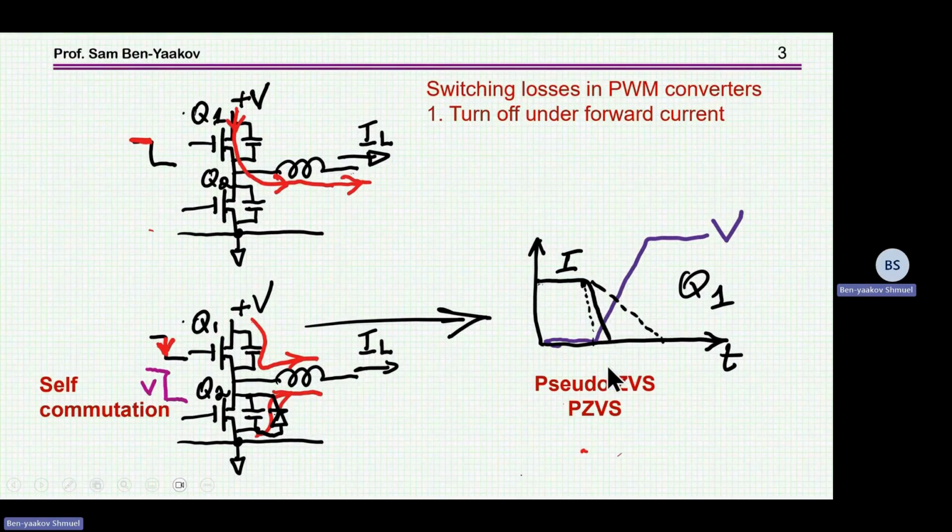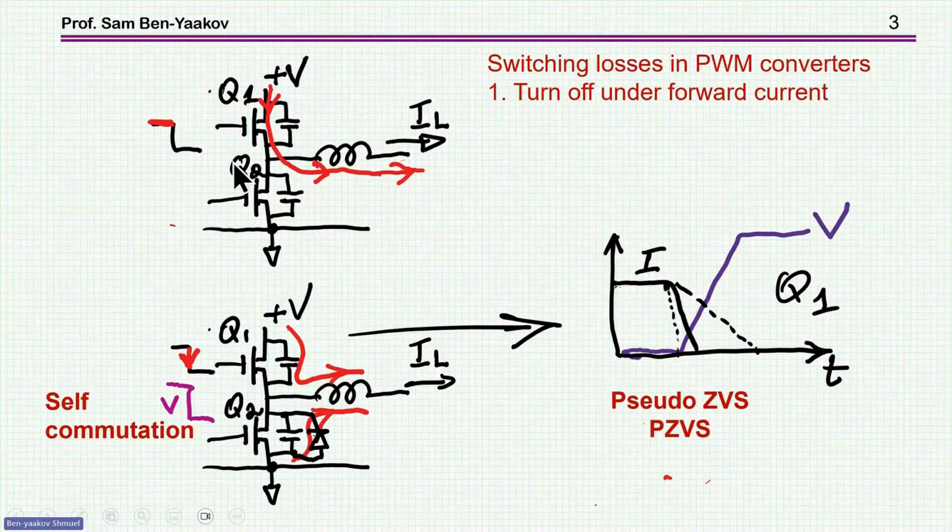If I'm considering this upper transistor, we see the current going down. The rate at which it's going down depends on the drive. If the drive is hard and fast, a small resistor at the gate, then it'll go very fast. And if the resistor is large, it'll go slower. Of course, it depends on the input capacitance of the gate.